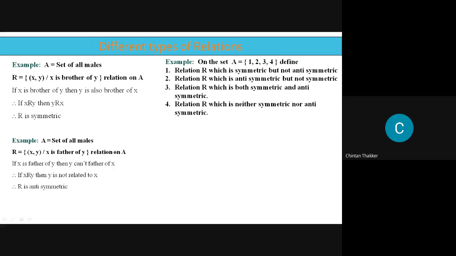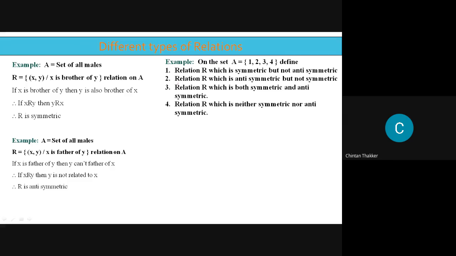In this example, you have to define the relations. Find a subset of A cross A which is symmetric but not anti-symmetric. Then a subset which is anti-symmetric but not symmetric. Then a subset which is both symmetric and anti-symmetric, and one subset of A cross A which is neither symmetric nor anti-symmetric.